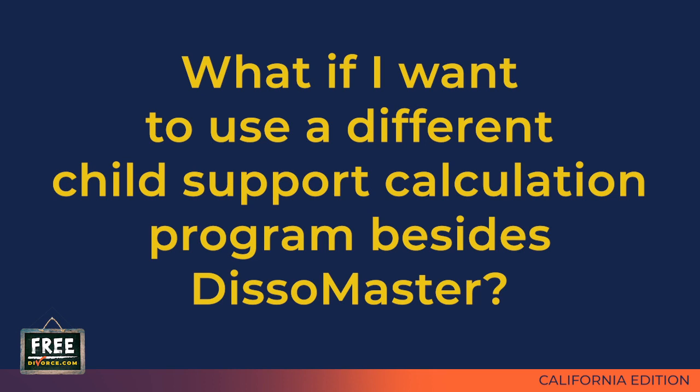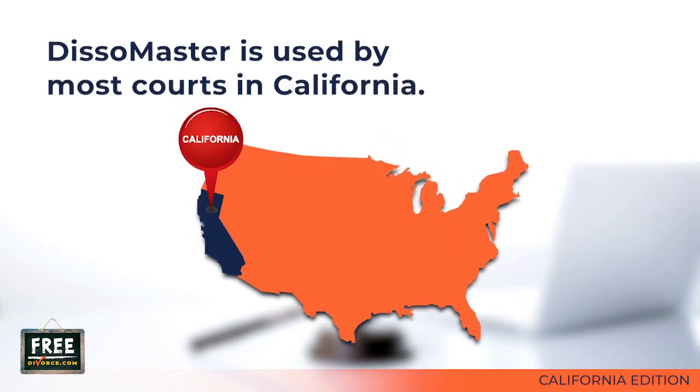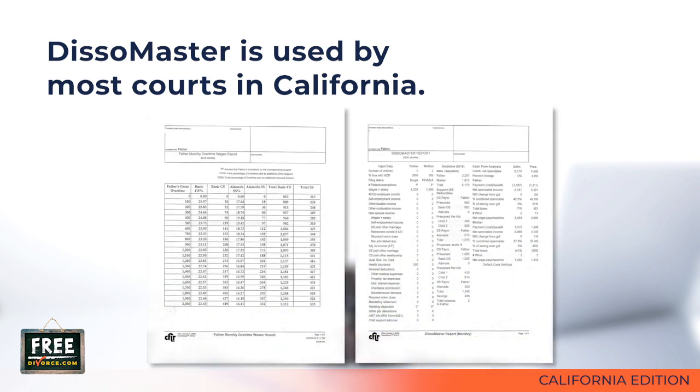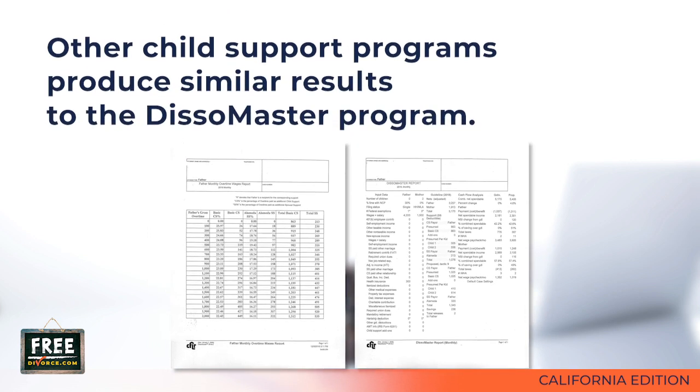What if I want to use a different child support calculation program besides Dissomaster? Well, our sample support guideline calculation was done using Dissomaster because that is the program that almost all courts in California use to run a base child support number. If you run the calculation using a different software program, your support calculation printout will look somewhat different than the Dissomaster program printout that you see in front of you, but most of the child support programs that you can purchase have very similar formats.